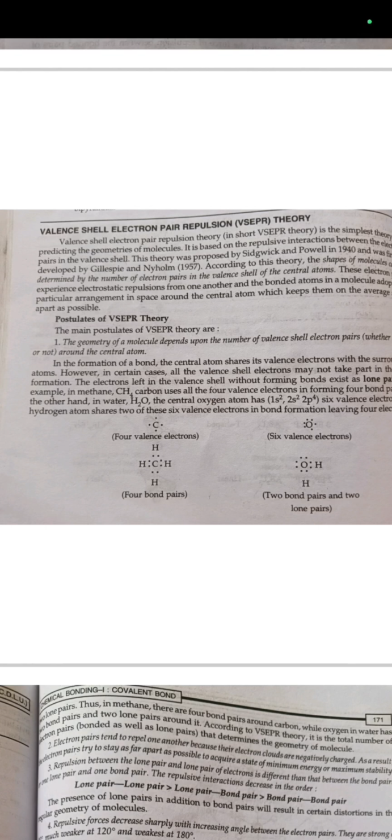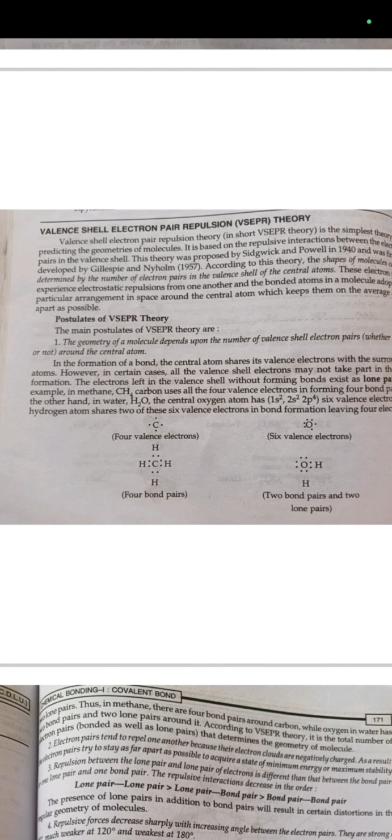Postulates of the VSEPR theory. First, the geometry of the molecule depends upon the number of valence shell electron pairs around the central atom. In the formation of a bond, the central atom shares its valence electrons with the surrounding atoms. However, in certain cases, all the valence shell electrons may not take part in bond formation.